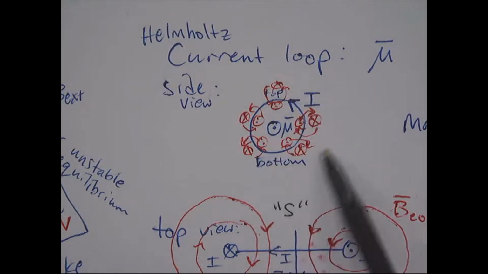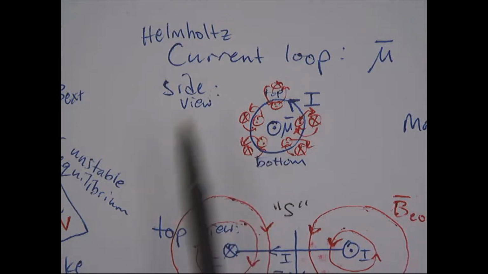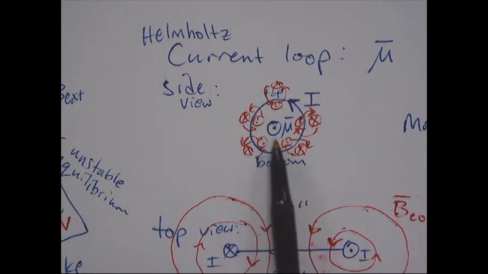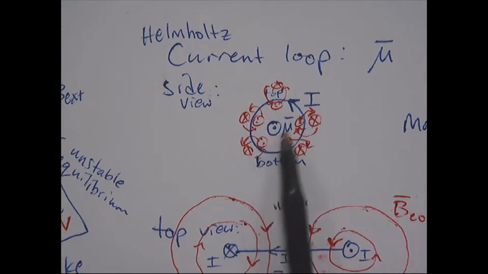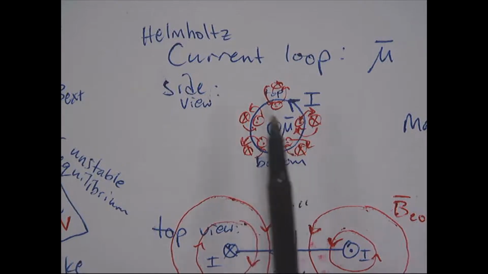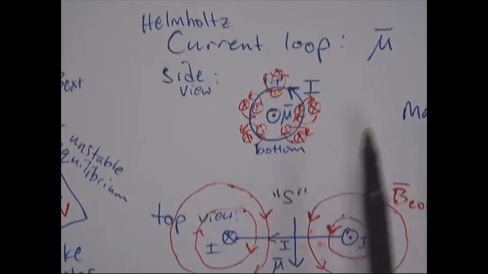it creates a strong magnetic field proportional to the current that's coming out of the page here if the current flows counterclockwise, out of the page in the center of the loop, but it must wrap around up out of the page and down into the page out here in a closed loop.